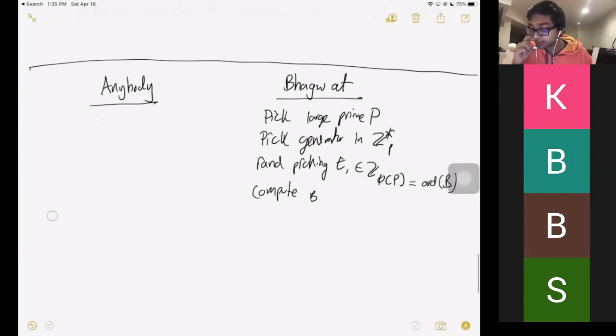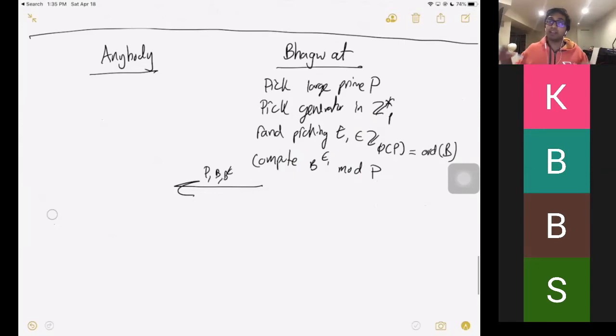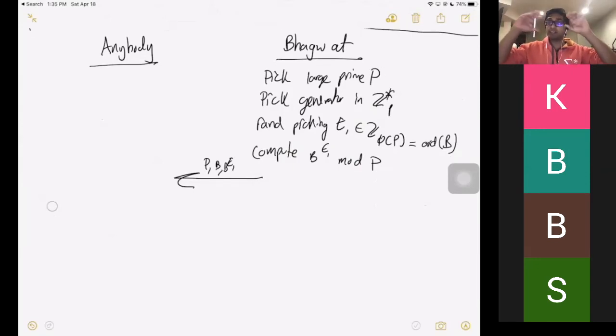When I say sending out, really Bhagwat has a public website that anybody can visit. On that website he has posted a public key saying, if anybody wants to communicate with me, you can do so using these three parameters. All your messages must be encoded in the mod P universe. Here's the base that I'm using, B, and here's the base to some power.